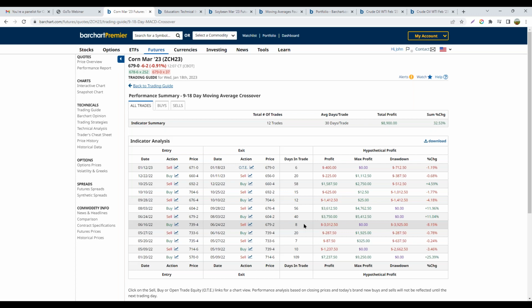The other thing I want you to take away from this page too is the hypothetical profits. And the one that I want you to really focus on is the drawdown. Notice that the drawdown tells us how much the price went against us from the entry price before we were either stopped out for a profit or a loss.